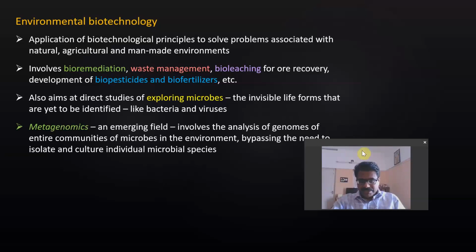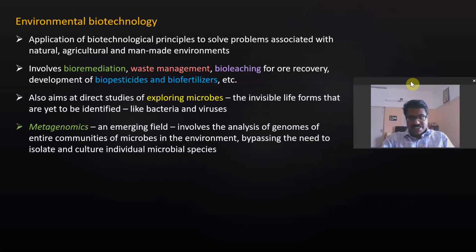And there's one term you need to know, that is metagenomics. Metagenomics means the analysis of genomes of the entire communities of microbes. So in metagenomics, we analyze the genomes of the entire communities of microbes instead of analyzing each one of them. Understand? The analysis of genomes of entire communities of microbes bypasses the need to isolate and culture individual species. We need not do the genomic analysis of individual microbial species, but together we can do the microbes as a community.